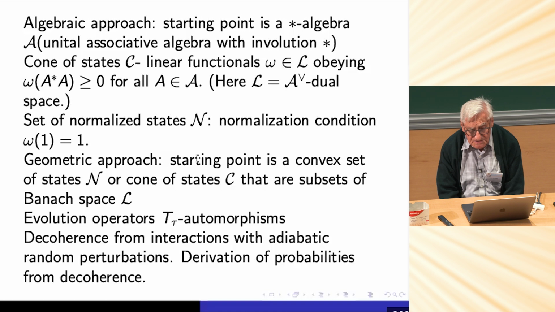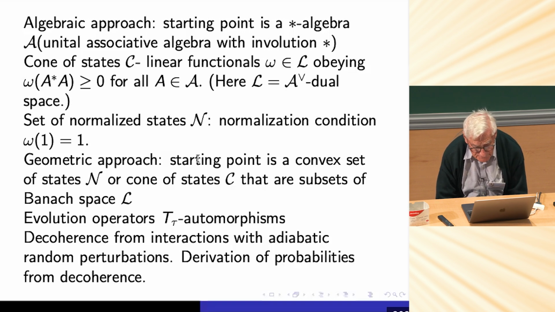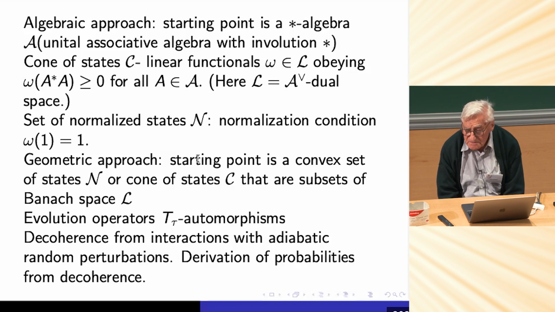In geometric approach, evolution operators are automorphisms of this convex set or of the cone. And what is really interesting, in these terms you can prove some theorems, and you can find the origin of probabilities.